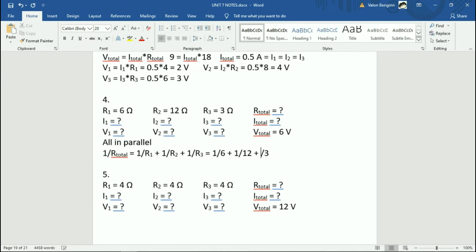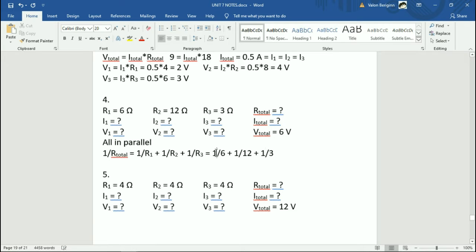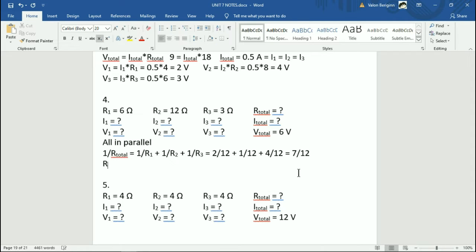Now, you could just put this in a calculator, but I'm going to do it the hand way. So 1/6 equals 2/12, and 1/3 equals 4/12. So this equals 7/12. Therefore, our total equals 12/7.